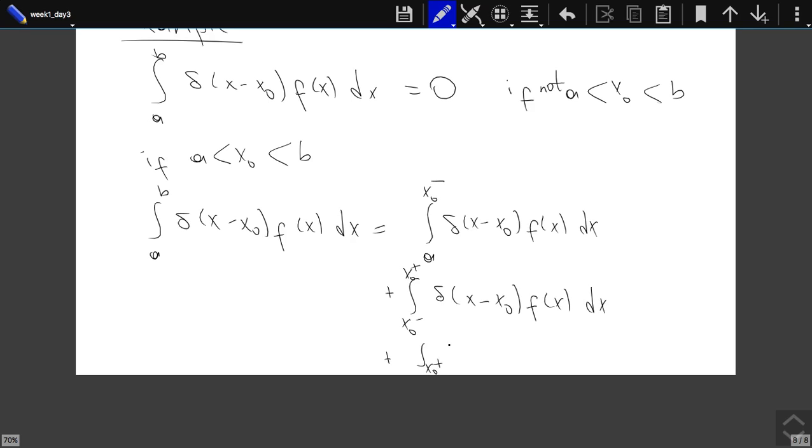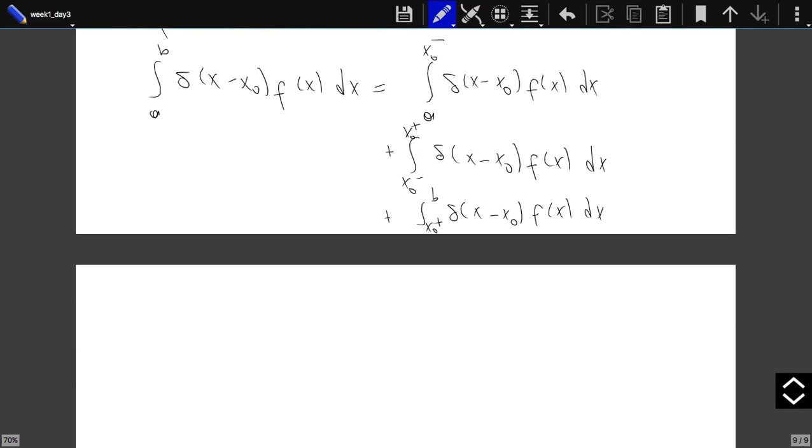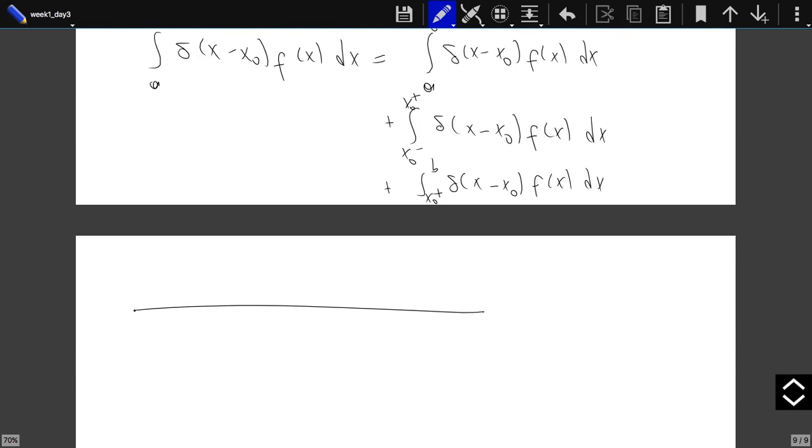Then from the right of x0 up to the point b. So what I'm doing is I have this, let's say, real line. a is somewhere over here, b is somewhere over here. I'm saying that let's assume x0 is somewhere in between a and b, because we had already seen that if x0 is not between a and b, the integral is 0.